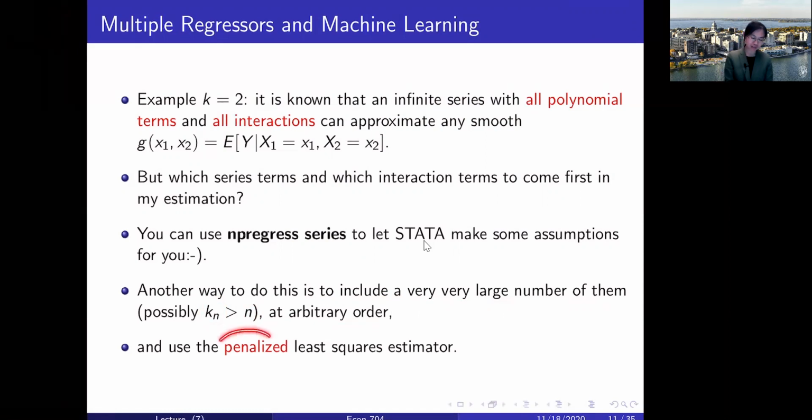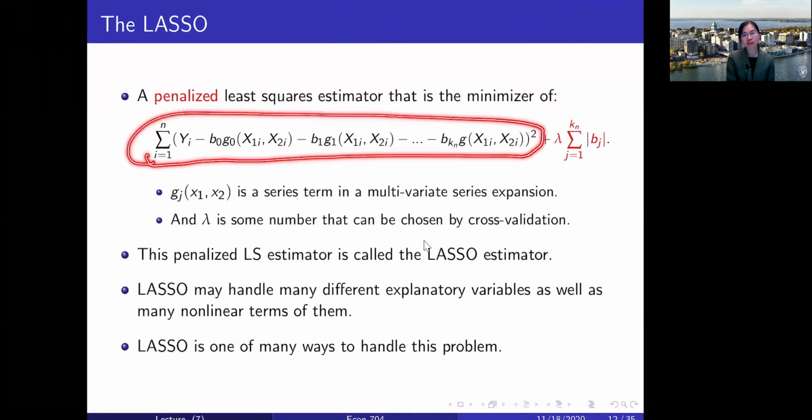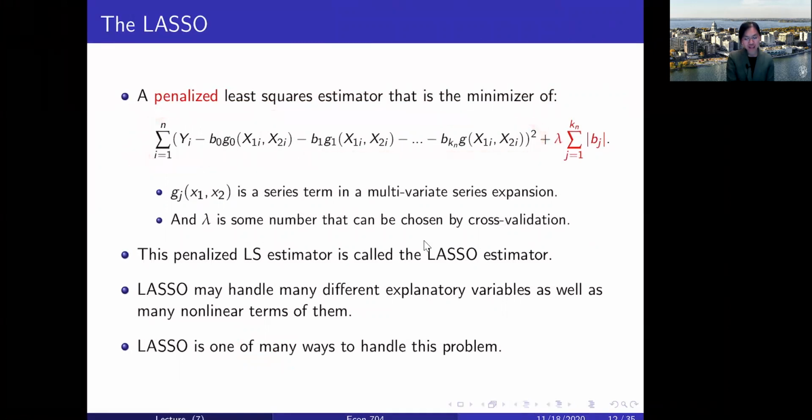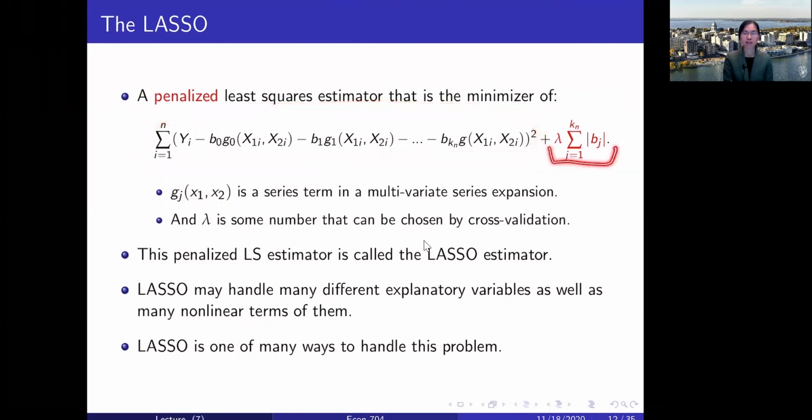Instead, you can use the penalized least square estimator, which instead of minimizing the sum of squared residue, minimizes the sum of squared residue plus a penalization term. So in this equation, I want to explain these G functions.